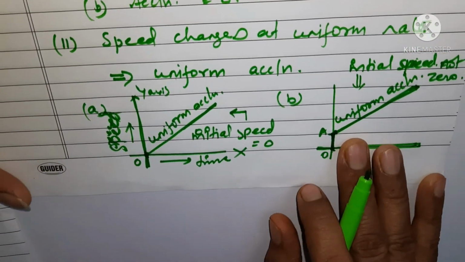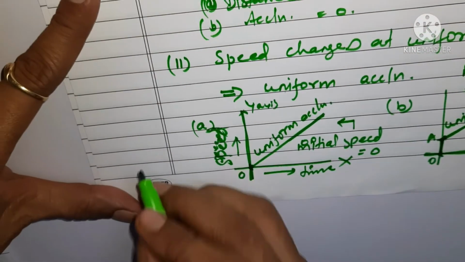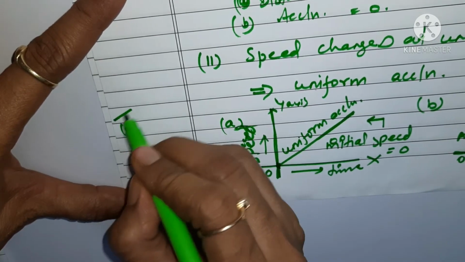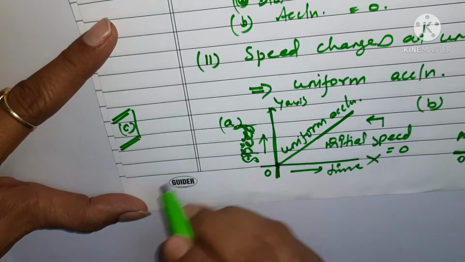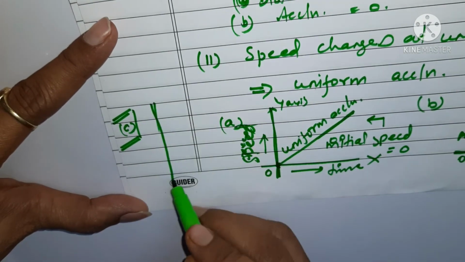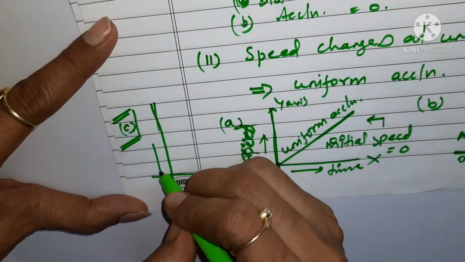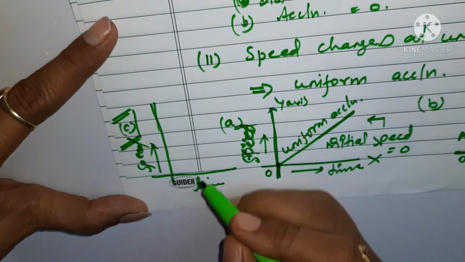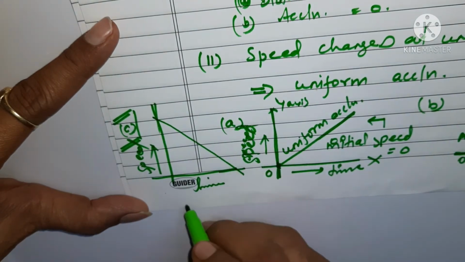And if you are given another graph like this, say C, though I am not going to give so much explanation, if you reverse the order and get this type of graph, where this is again time and this is the speed, then what does it show?